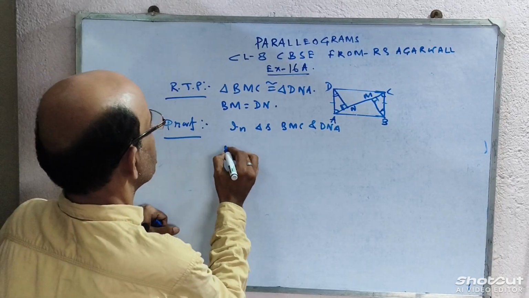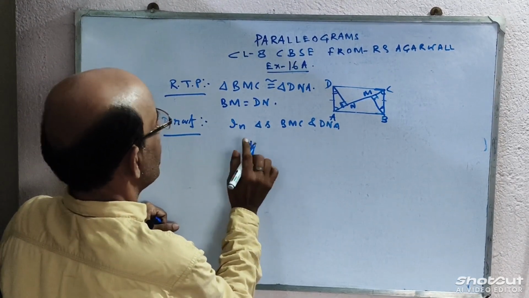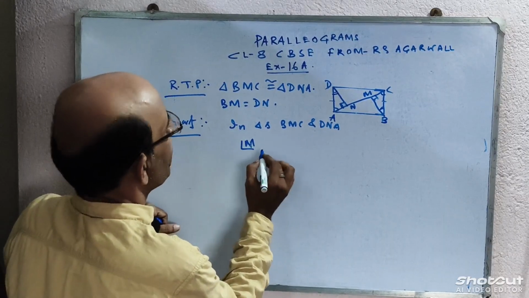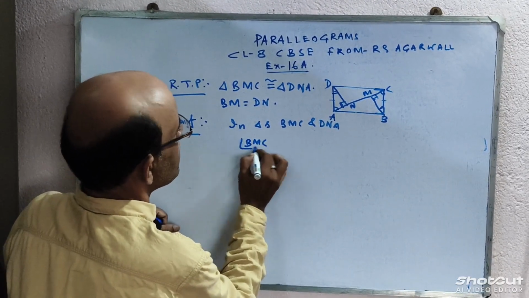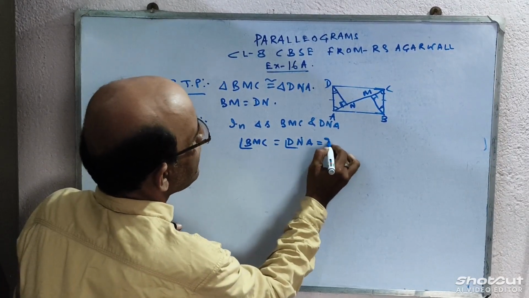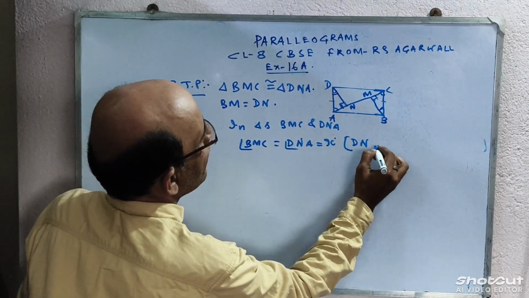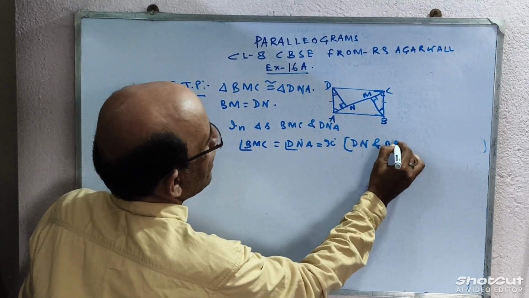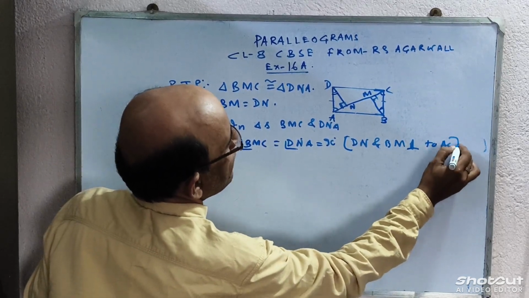That means angle M, M means BMC. Angle BMC is equal to angle DNA is equal to 90 degrees because DN and BM are perpendicular to AC. This is the reason.